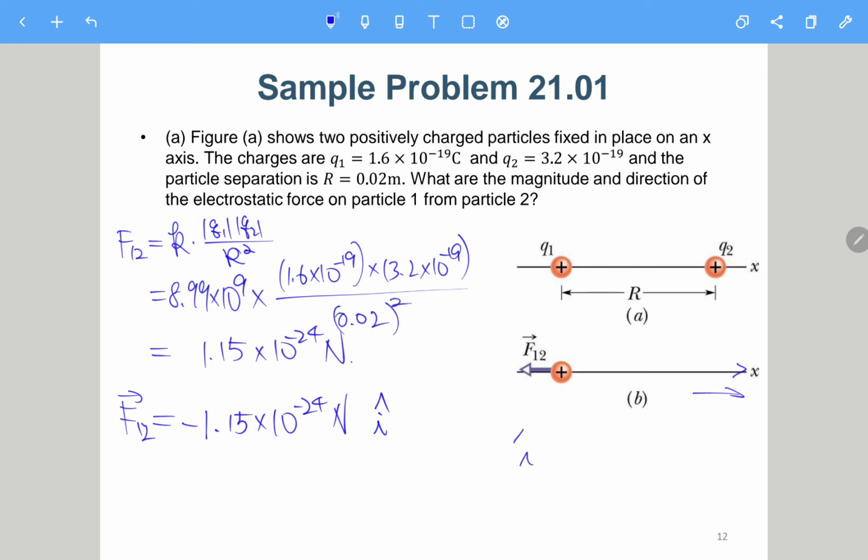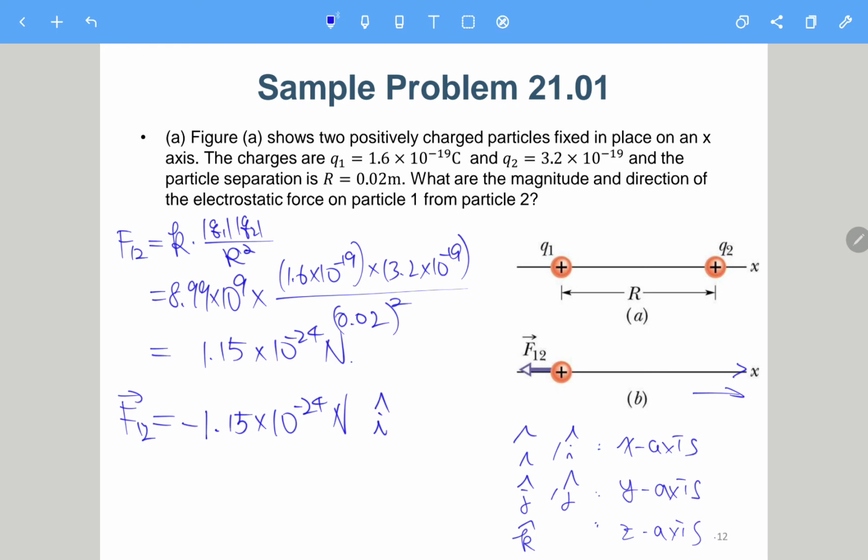So i hat is the unit vector of x-axis, j hat is the unit vector of y-axis, and k hat is the unit vector of z-axis.